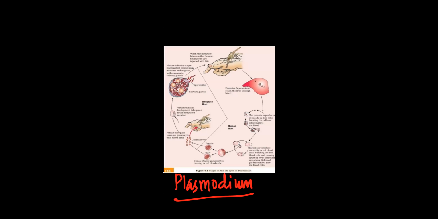The genus Plasmodium has several species, such as Vivax, Malariae, Falciparum. So you have Plasmodium vivax, Plasmodium malariae, Plasmodium falciparum.